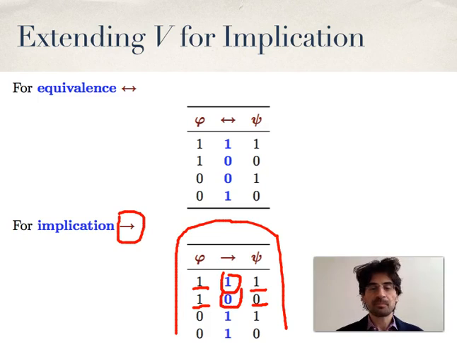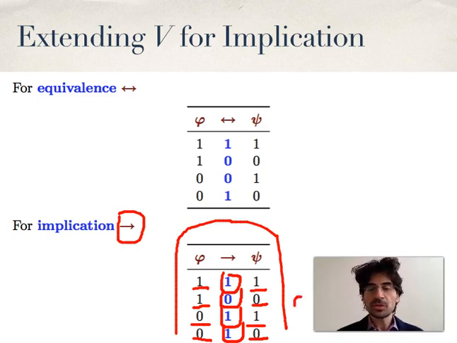If phi is false, 0, and psi is true, then the implication will also be true. If phi is false and psi is also false, then the implication will again be true.